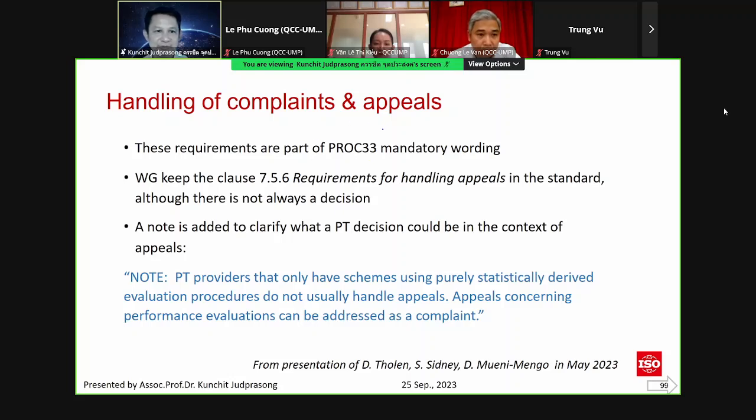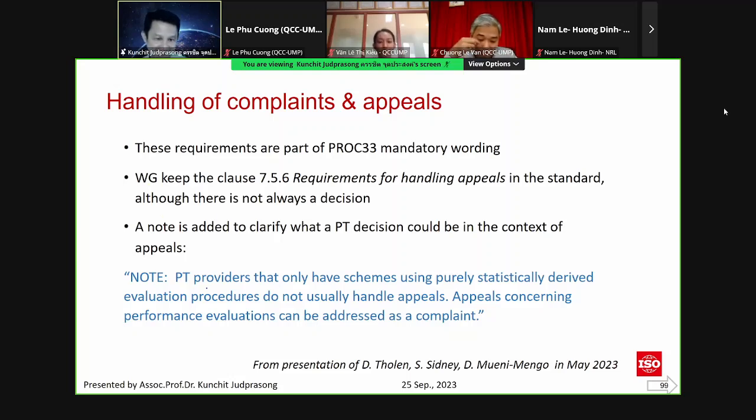Okay, if no, I will go to the next, which is handling complaint and appeal. These requirements are part of the mandatory working group. Keep the clause 7.5 requirement, although there is not always a decision. A note is added to clarify what a PT decision could be in the context of appeal.